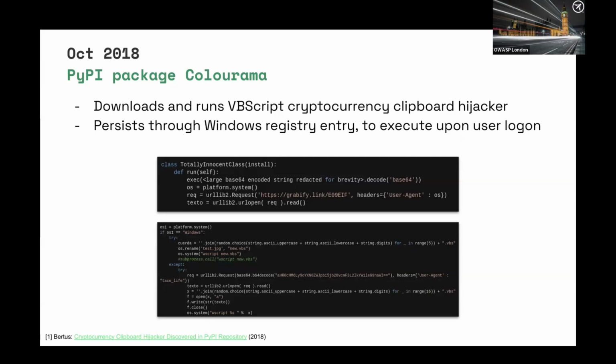What it does is, when you installed the tarball, it had a setup.py file, which is then executed. And what it did is it basically downloaded a Visual Basic script that contained then a clipboard hijacker in order to steal your cryptocurrency addresses.